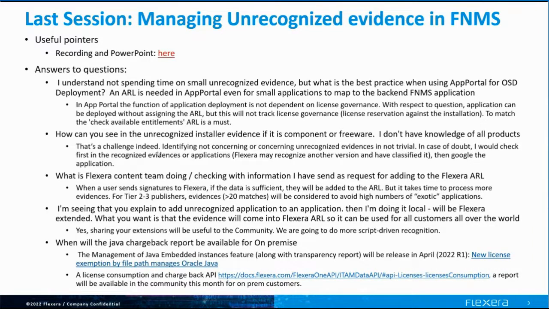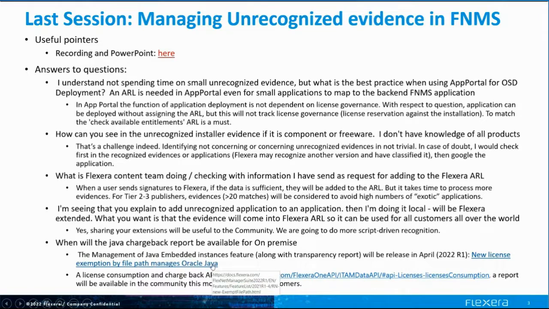There is a new feature which has been released in 2021 R1.4, that was this month. And this feature, which is management of Java embedded instances, along with the transparency report, will be released in the coming 2022 R1 release of April. So this release is expected for the 20th or 25th of April. This is very soon.